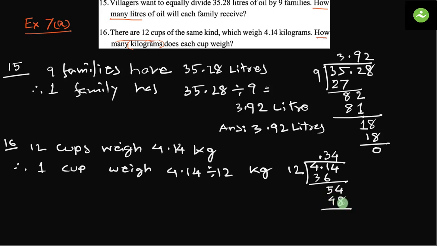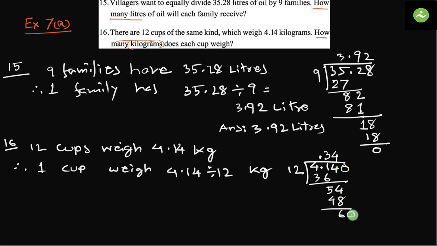Deduct 48, it's 6. Now to continue, there is a remainder 6. To continue the division, what we do in case of decimal fraction, we can always get a 0 here. Bring down a 0. Where from? We can add zeros on the right. That doesn't make any change to the decimal fraction, or the value doesn't change.